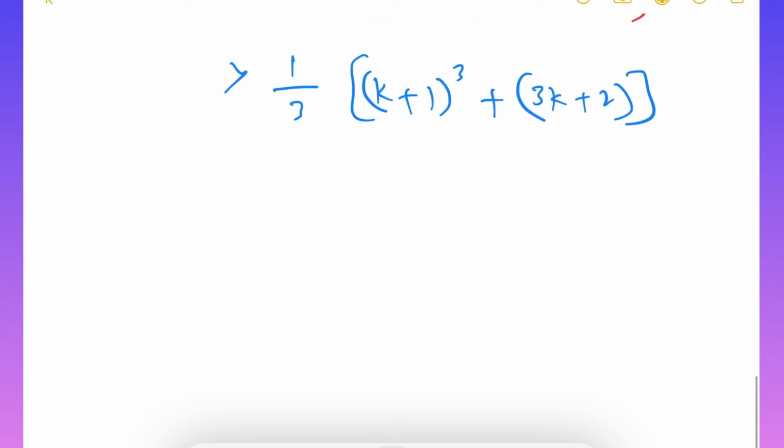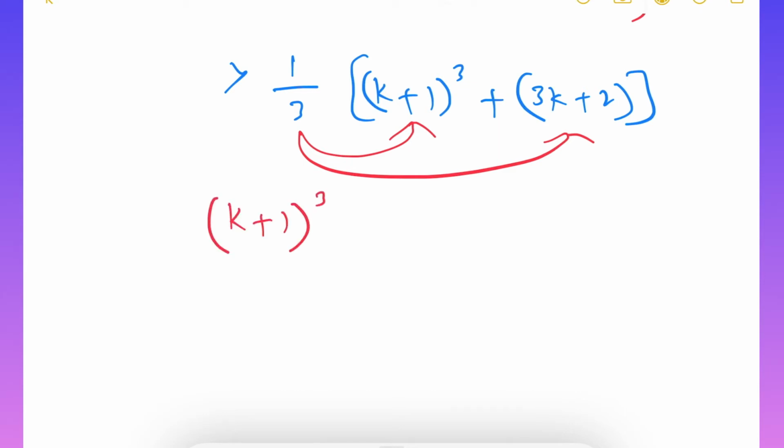And this 1 by 3 is for the first term as well as for the second term also. So if I expand, I will get k plus 1 whole cube by 3 plus 3k plus 2 divided by 3.